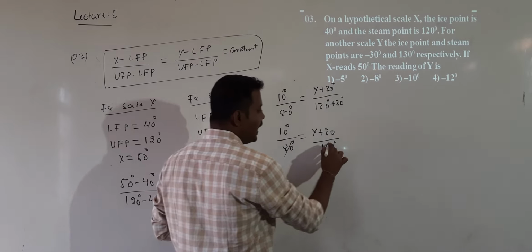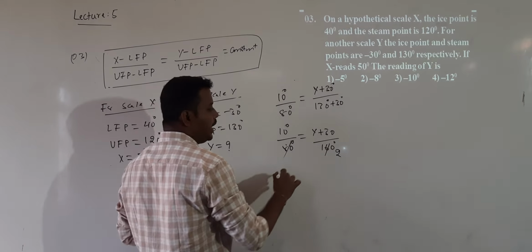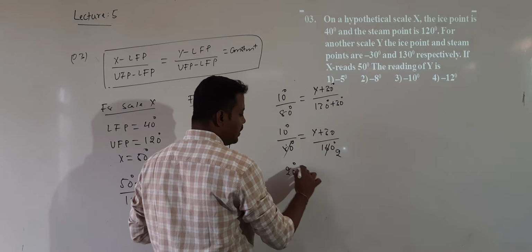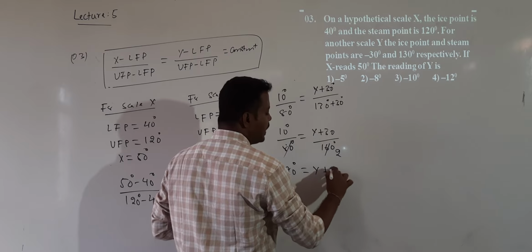So 10 by 80 is equal to (y plus 30) by 160. Cross multiply: 20 degrees is equal to y plus 30 degrees.